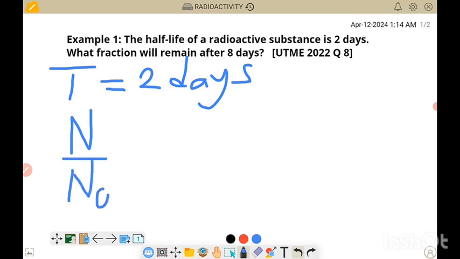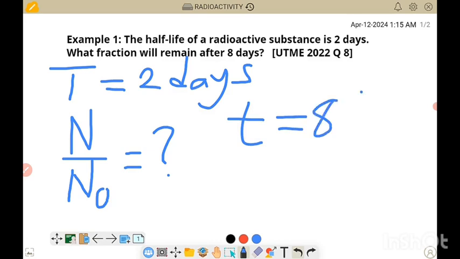That is the expression representing the fraction that will remain. They said after 8 days. 8 days is the time taken for the radioactive substance to decay. So that is a small letter t, the decay period.